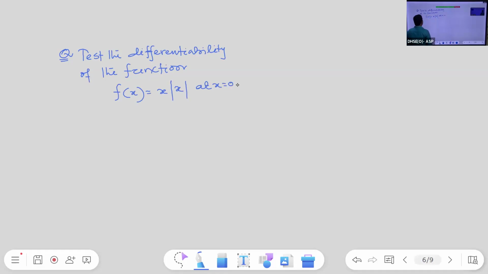Okay. So try to solve it. Take 2 minutes of time and solve it.